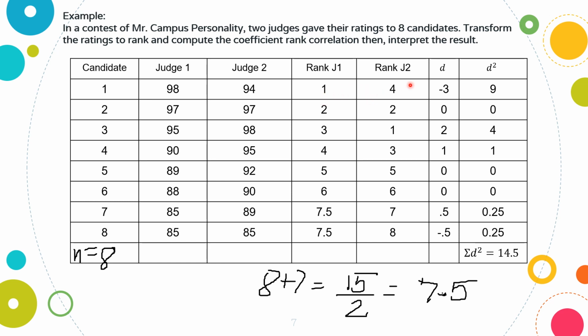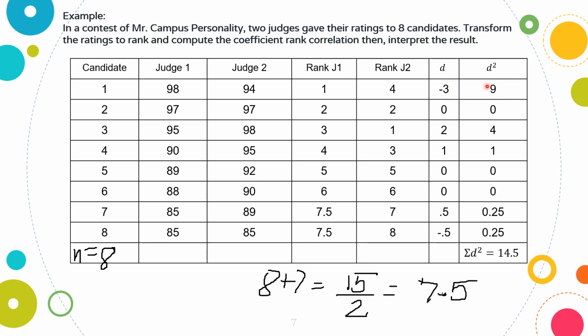So, 1 minus 4 is negative 3, 2 minus 2 is 0, 3 minus 1 is 2, 4 minus 3 is 1, 5 minus 5 is 0, 6 minus 6 is 0, 7.5 minus 7 is 0.5, 7.5 minus 8 is negative 0.5.